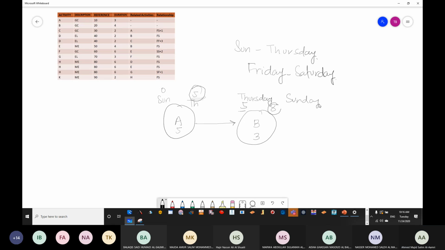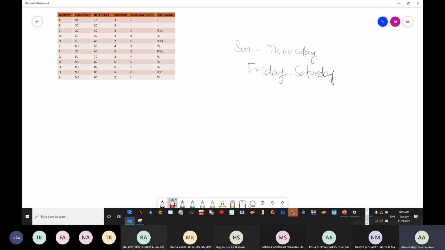Okay. So once again, let's assume that we have, let me just delete this one, give it a little bit clearer. Let's say I have 2 tasks, task number A and task number B. Task number A is having 4 days.